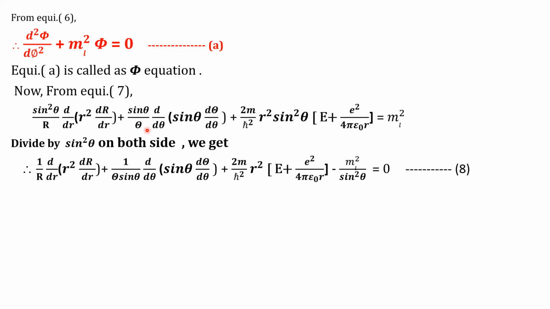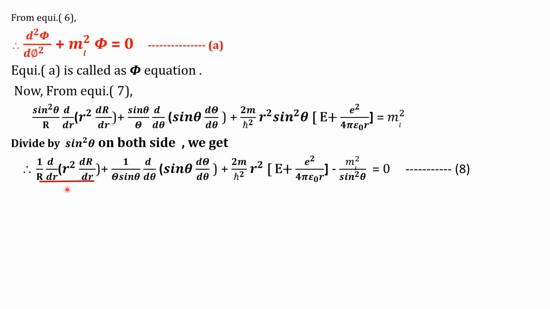For the second term, if we divide by sin²θ, one sinθ cancels and the remaining term is 1/(Θ sinθ) d/dθ(sinθ dΘ/dθ). In the third term, r² sin²θ is divided, so sin²θ cancels and the remaining term is (2m/ħ²) r² (E + e²/4πε₀r). The m_l² term we take to the other side, where it becomes minus m_l² divided by sin²θ, equal to 0.